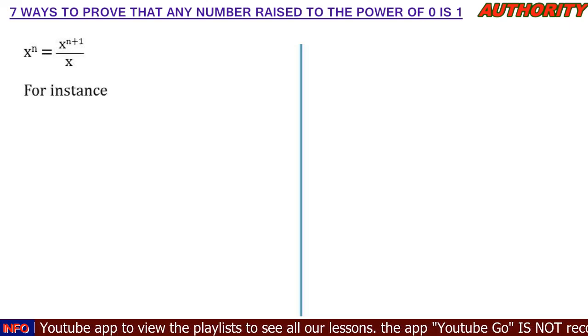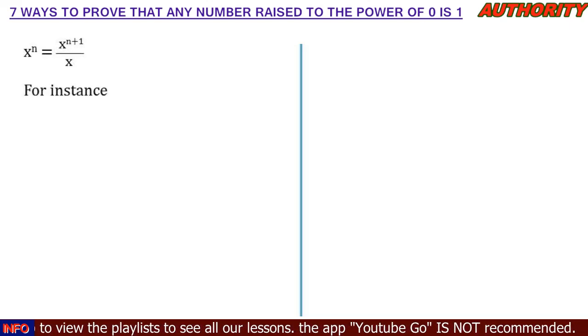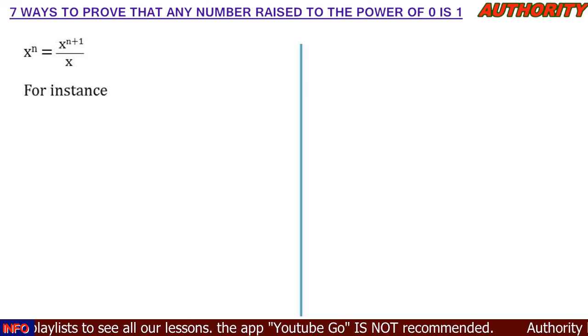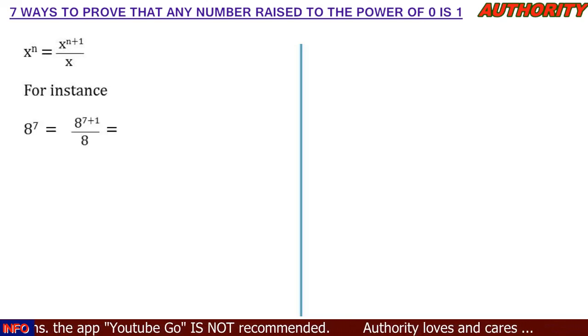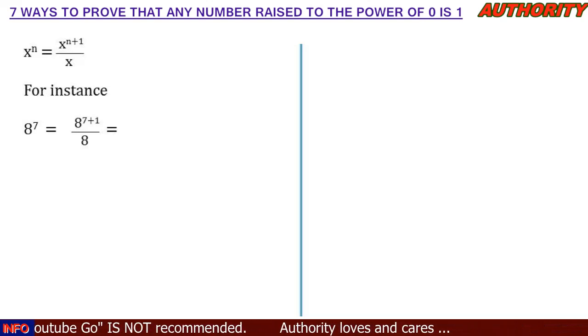Now, let me try to see whether this formula is true. For instance, we have 8 raised to power 7. Let's pick a big number and then also a small number to show whether it's true. 8 raised to power 7. That means it's going to give us 8 raised to power 7 plus 1 all over 8.